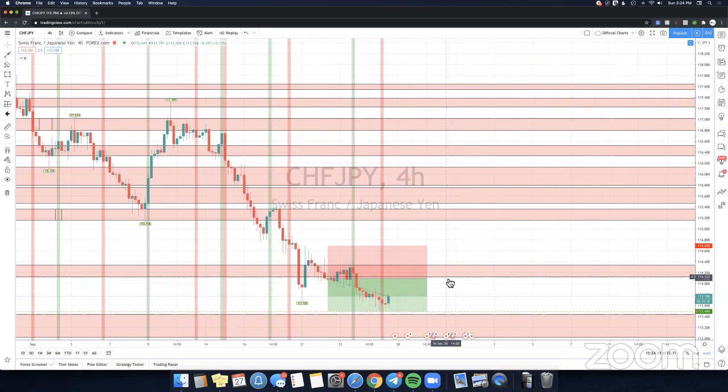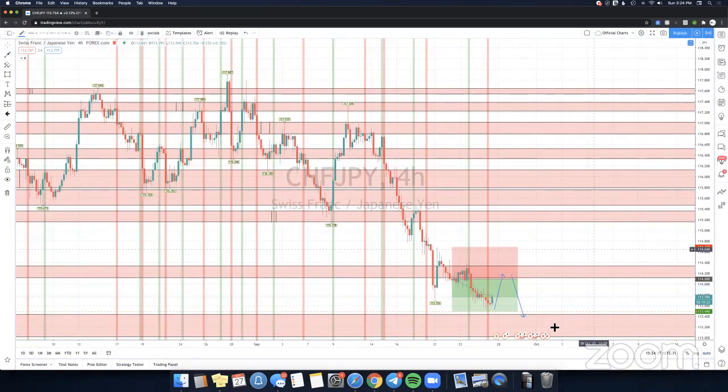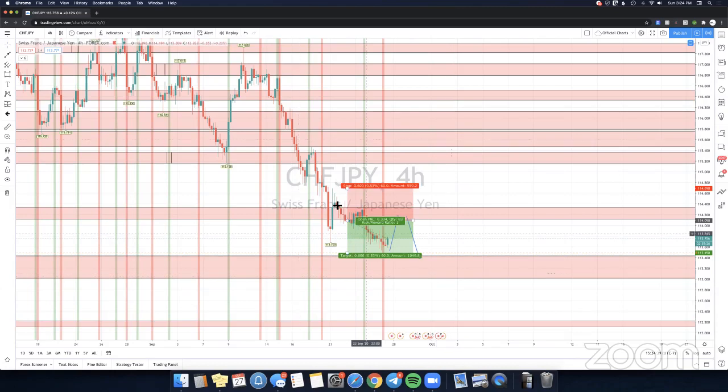This upper zone right here is going to be 114.12. And this lower zone right here is going to be 113.436. So that's going to be the zone right here. Price is probably going to move in between these zones, just keep bouncing around until it breaks it. So once price breaks the zone right here, it's the same situation. See, it broke the zone right here.